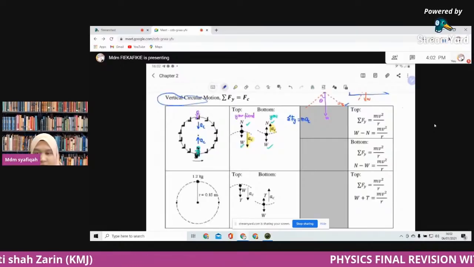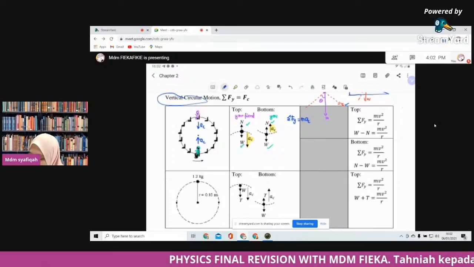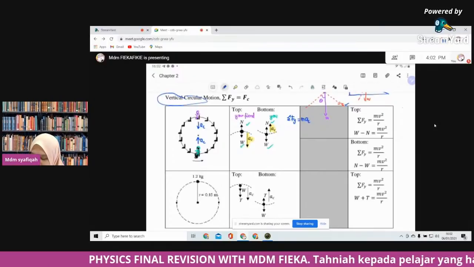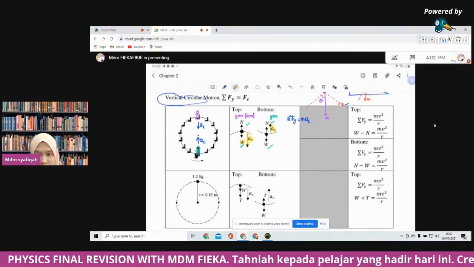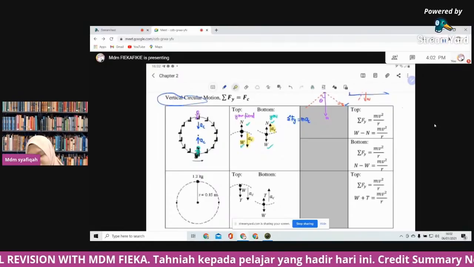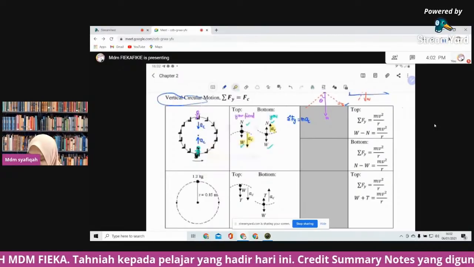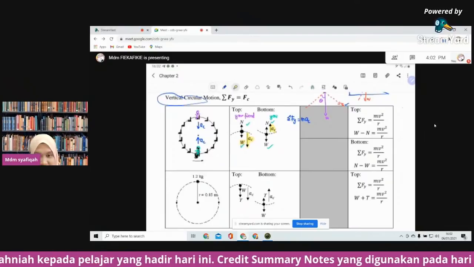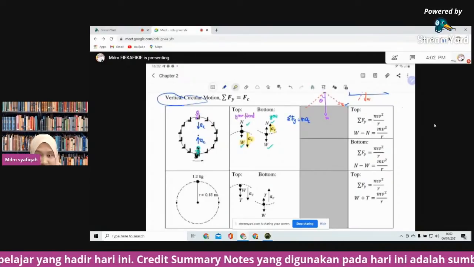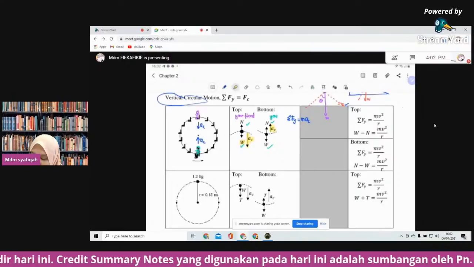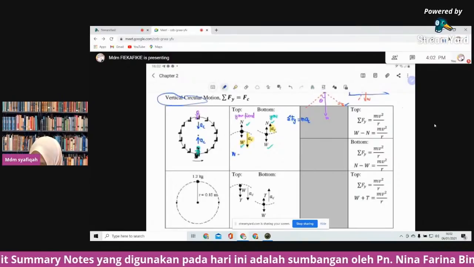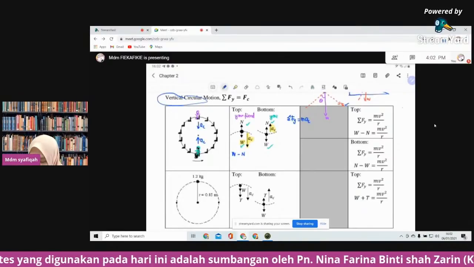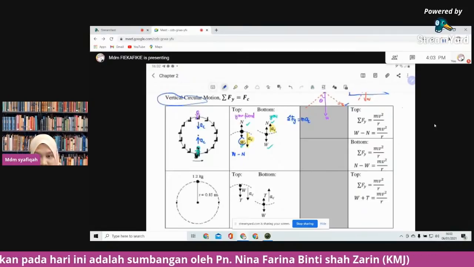So, okay, at the top of the Ferris wheel, kawan awak tadi, dia adalah, tengok sini. W is the weight, okay, tengok sini, weight is the same direction with the centripetal acceleration. So dia adalah W minus N. W ni yang positif, bukan N minus W.